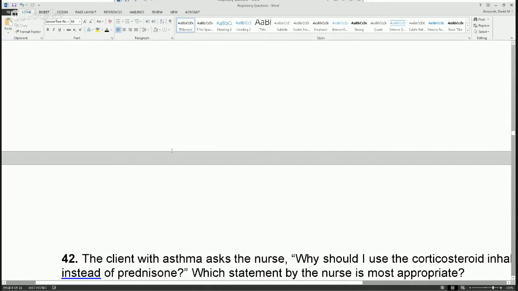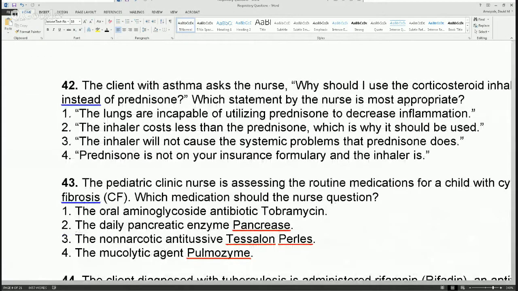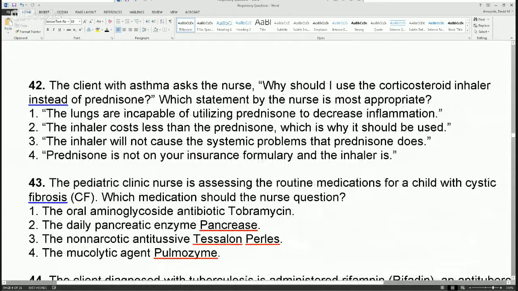Way to go. All right, Christy. The client with asthma asked the nurse, why should I use the steroid inhaler instead of prednisone? Which statement by the nurse is most appropriate?